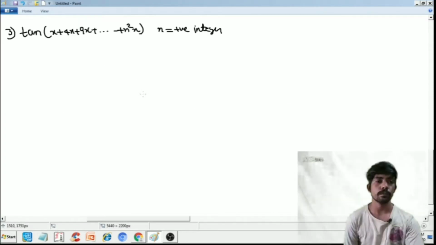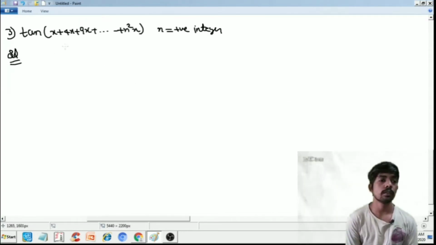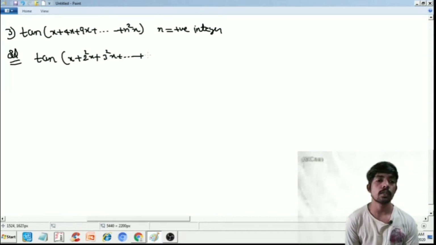Next, in the third question, find the period of tan of x plus 4x plus 9x plus and so on plus n square x. Now from here we can write tan of x plus 2 square x plus 3 square x plus and so on plus n square x. From here we can take x common in the angle. So 1 plus 2 square plus 3 square plus and so on plus n square, all into x.